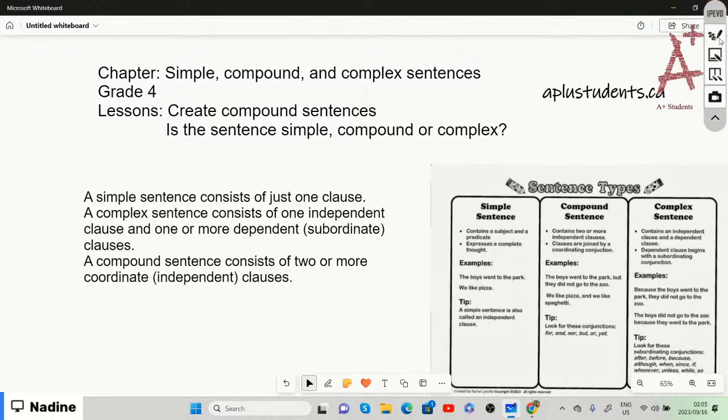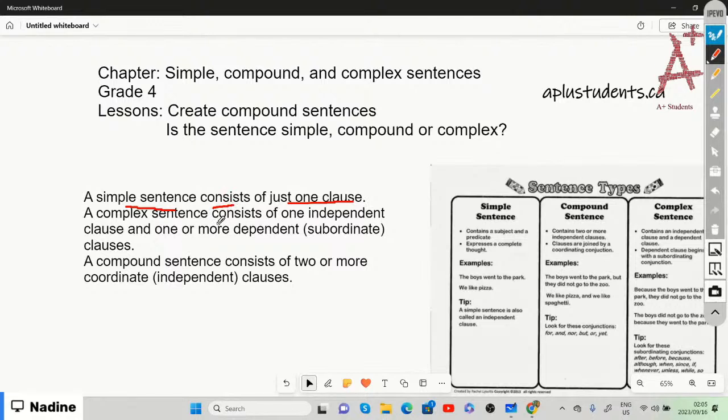So a simple sentence consists of just one clause, right?